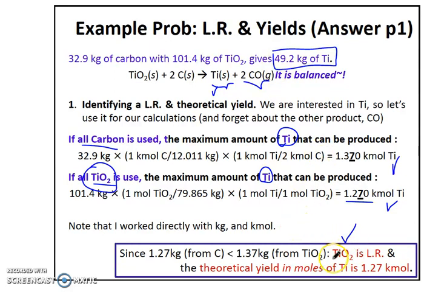Now that we determined that titanium dioxide is the limiting reactant, the amount that is produced by this particular compound is going to be the theoretical yield in moles for this problem. In particular, for the way that I'm arranging the answer, it'll be in kilomoles of titanium.